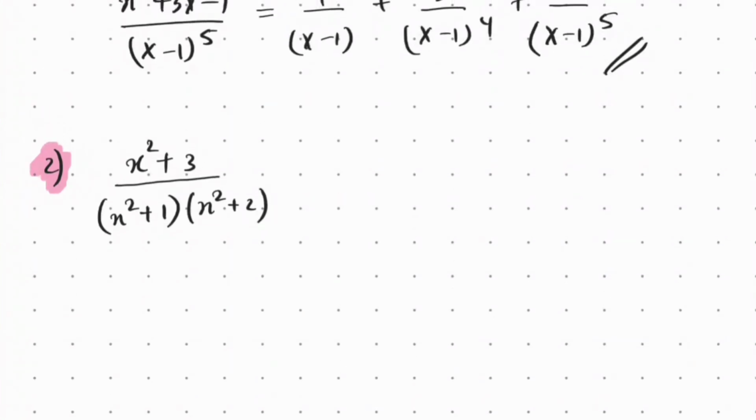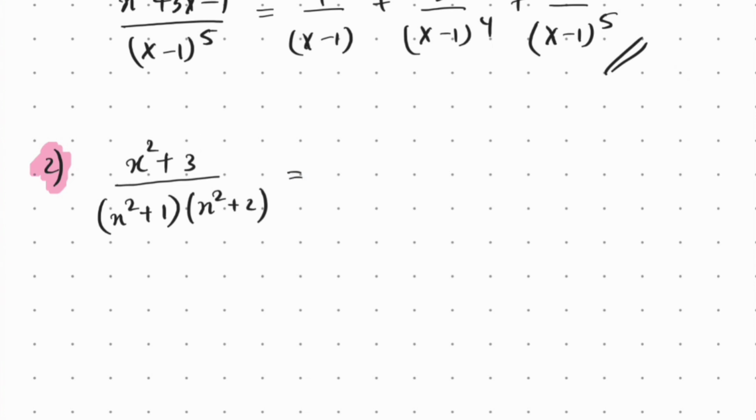Right, question number 2, I'm going to give you something like this: x squared plus 3, divided by (x squared plus 1) and (x squared plus 2). Now if someone tried to apply the partial fractions knowledge straight away without being careful, that person might think, okay, the numerator has order 2, the denominator has order 4, so I'm not going to add any polynomial to the answer.